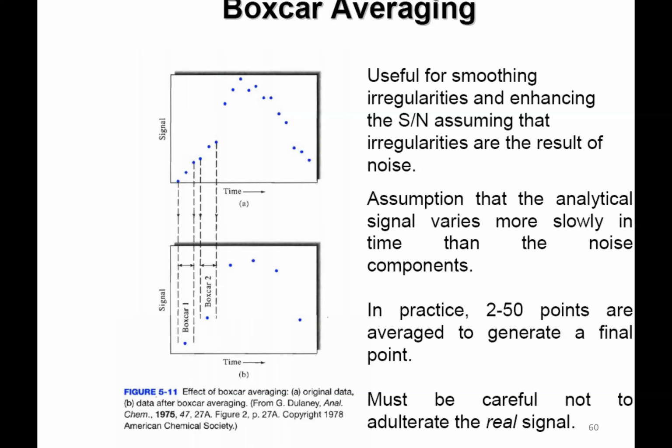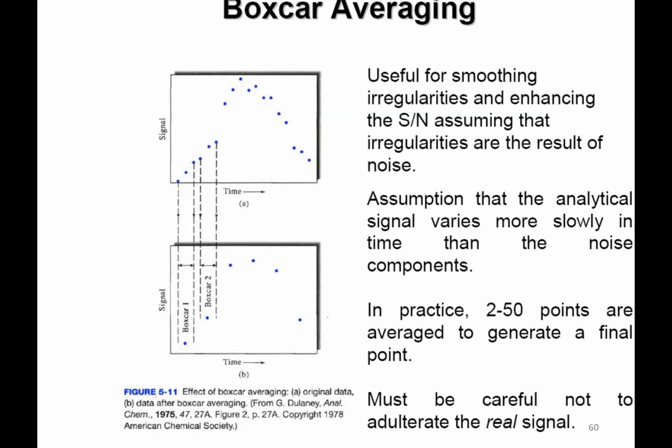And in practice, for this to work without losing much detail, 2 to 50 points are averaged. So in order not to lose so much detail, the more the better. 50 data points can be averaged to a final point. And you must be careful when you are doing this.